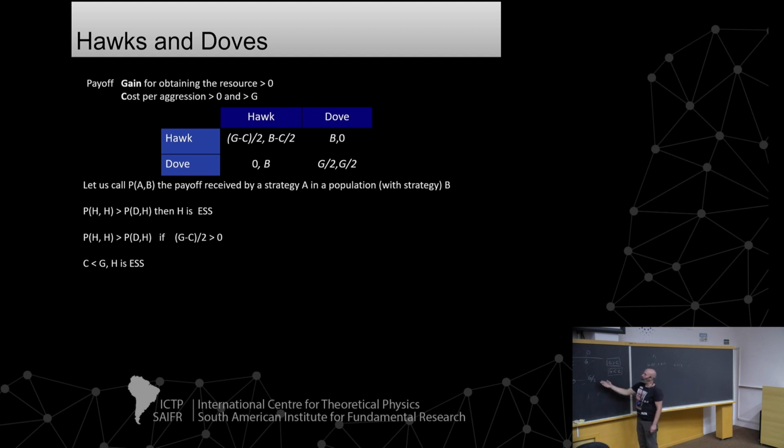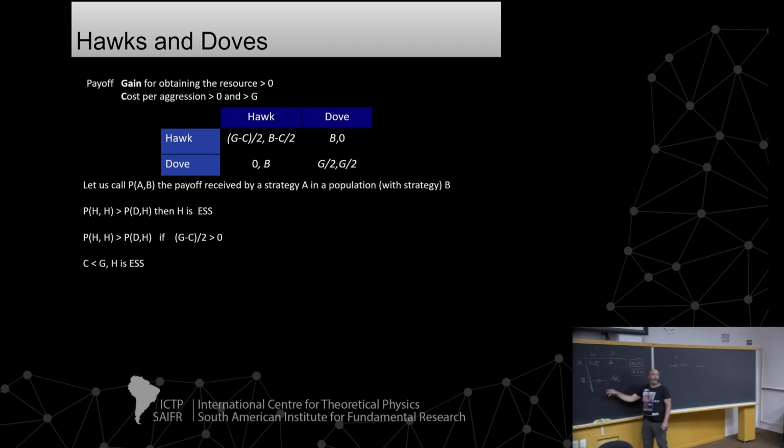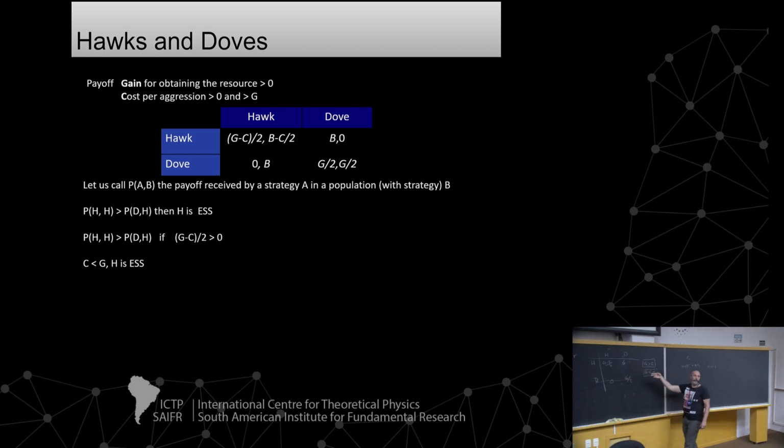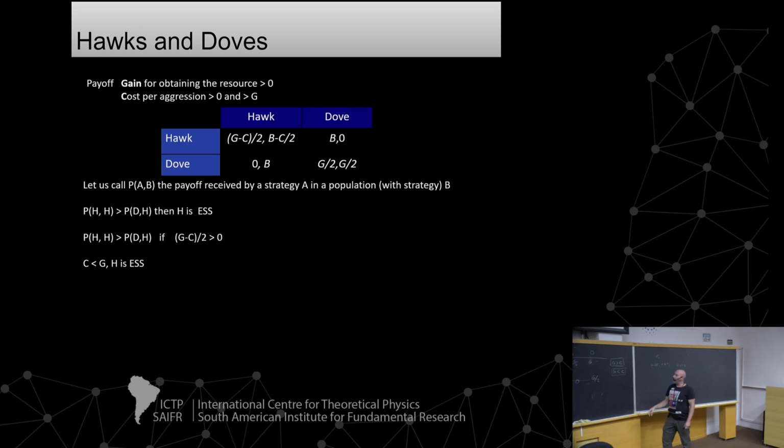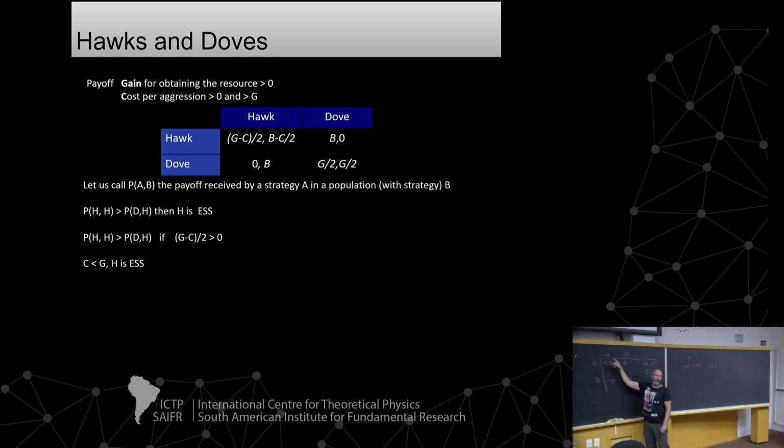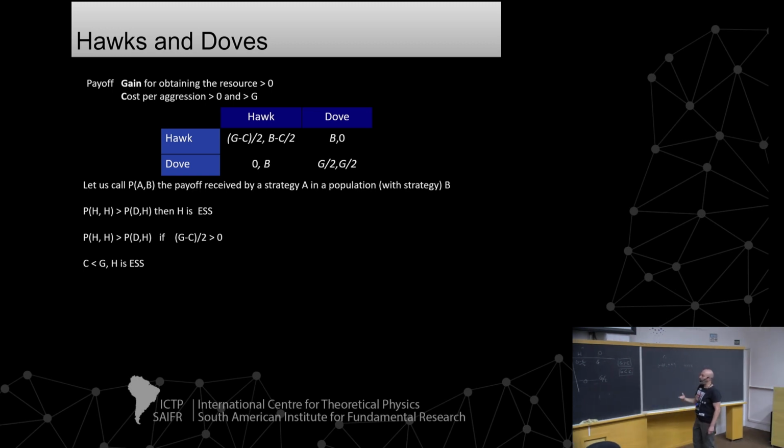we cannot find a dominating strategy, so we cannot find a Nash equilibrium in terms of these pure strategies. We will show later that there is a Nash equilibrium, but this Nash equilibrium is written in terms of a combination of hawk and dove. It will be a mixed strategy. So the Nash equilibrium for this game will be a mixed strategy and not a pure strategy, okay?